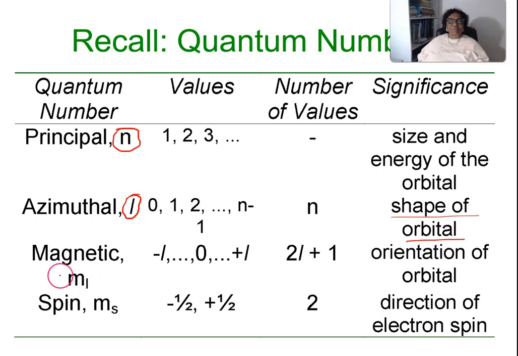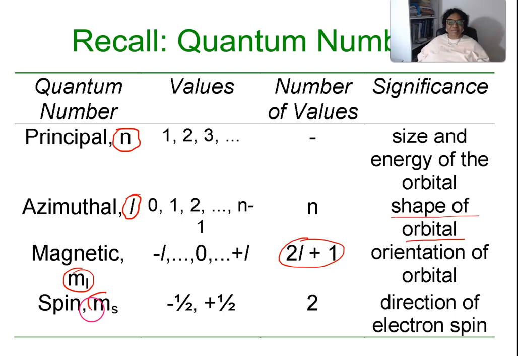Then the magnetic quantum number, ml, can take values from minus L to plus L, so the maximum number we can have is 2L plus 1. It determines the orientation of the orbital.